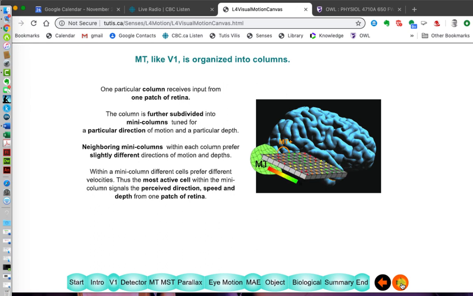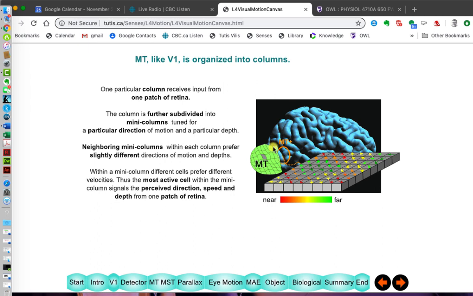Now, MT, like every other structure in the cortex, has columns. Okay, these are different columns of MT. Each one of these columns, for example, this gray area, is in turn subdivided into tiny little mini columns.